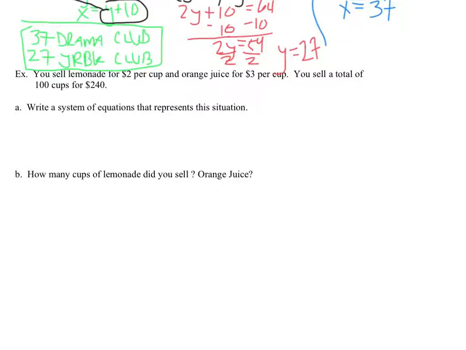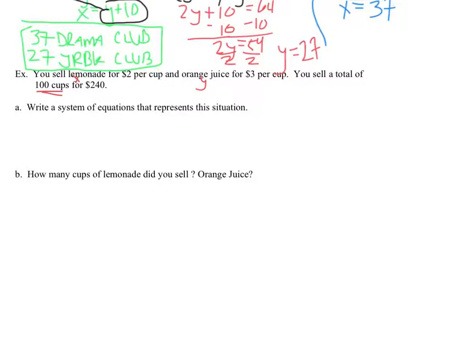So we want to look at our lemonade. We'll call our lemonade x, and we'll call the orange juice y. Okay? So you sell a total of 100 cups. So we're going to do just like we did a minute ago with our drama club and yearbook students. We're going to use that first little piece right there, a total of 100 cups, to be our first equation.